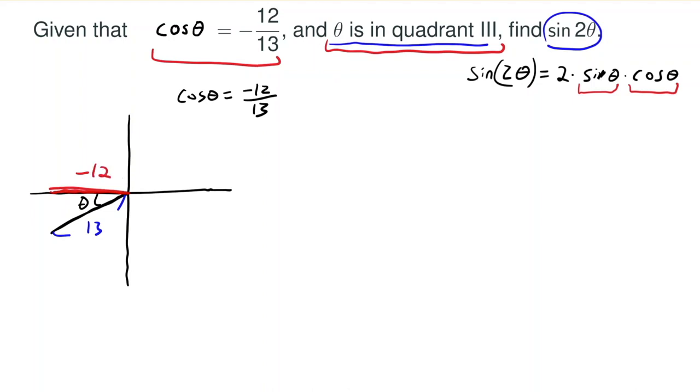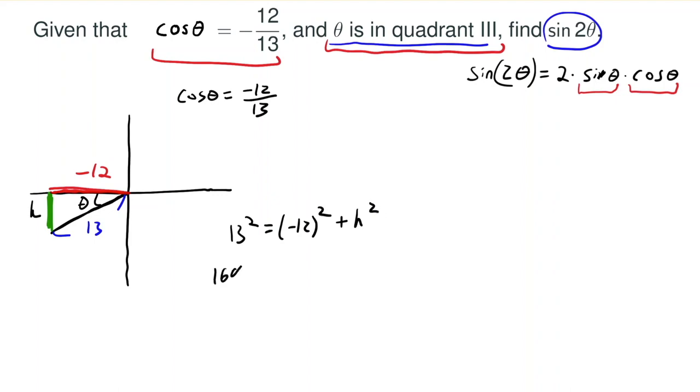But then we need to find sine theta, which means we need this distance. We find this distance and we divide the distance by 13, the radius length or hypotenuse of a right triangle. So in order to find the distance, we need the Pythagorean theorem. We know that 13 squared equals negative 12 squared plus, let's call this h squared.